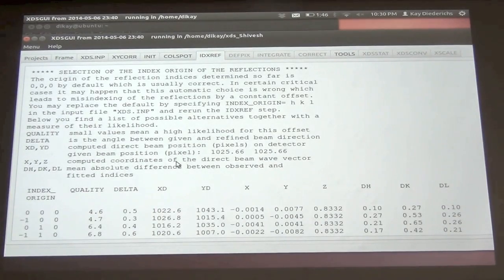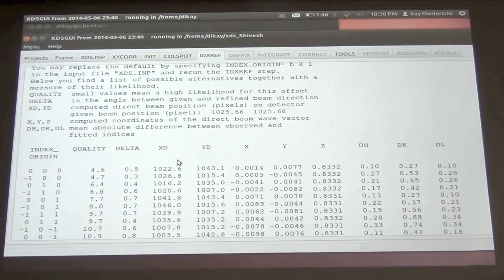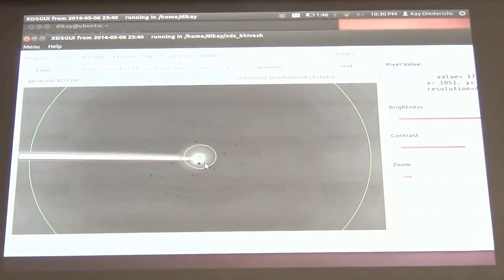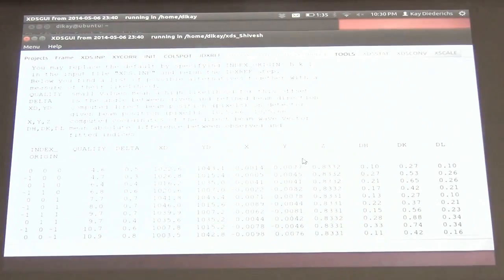The problem now is, if we go back here, maybe the beam position is not quite right. I mean, the cross is where the header says the beam position is, but maybe not too far away.